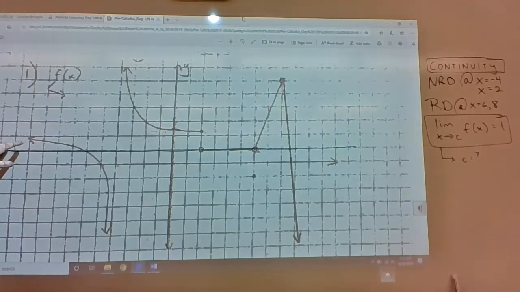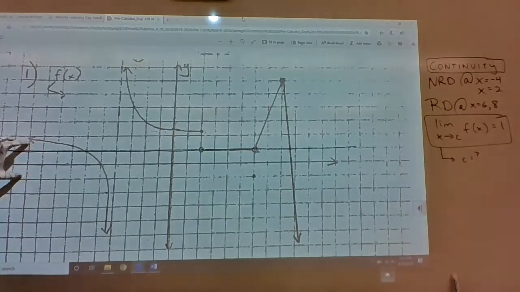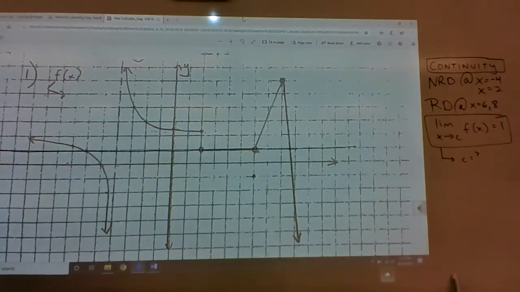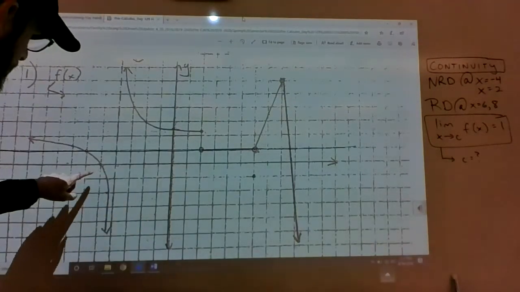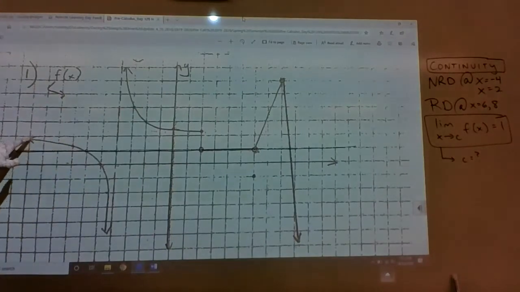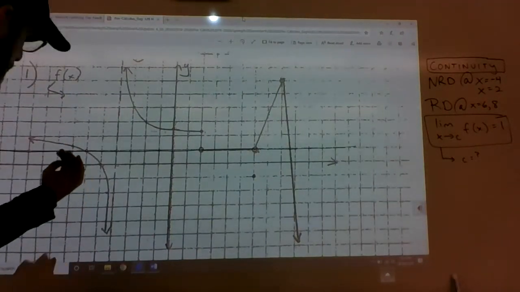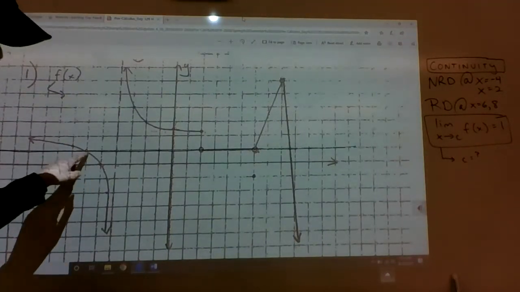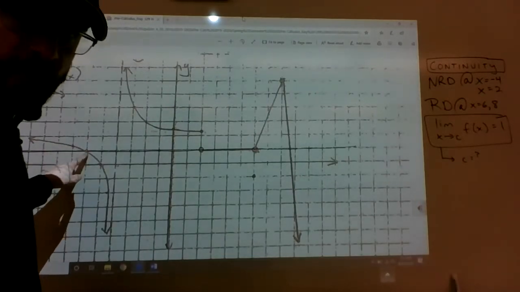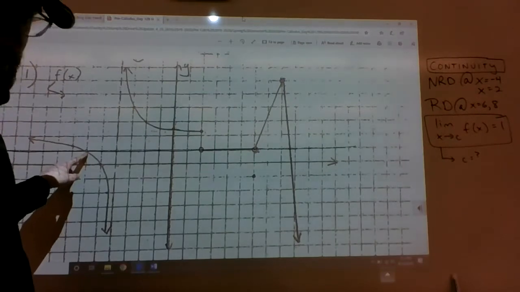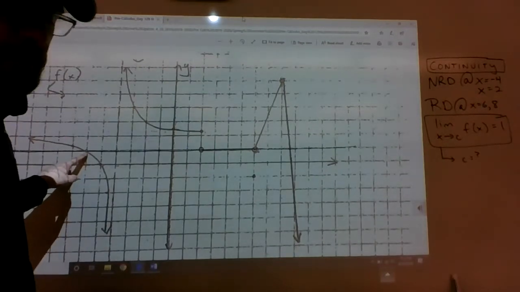From here on, there's nothing beyond the graph that actually would lead us to believe that this limit would ever approach 1. See, it's leveling off at 2 right here, and it's not coming back down. However, right here, the limit from the left equals the limit from the right. So that would be a point that we would contend, yes, that is a place where the limit equals 1.